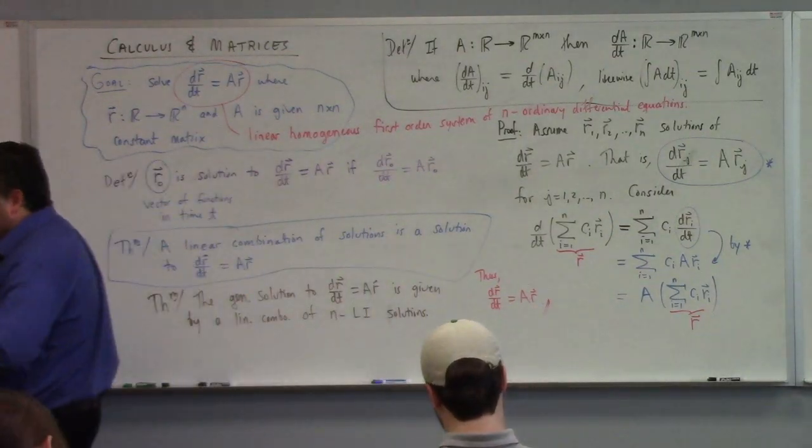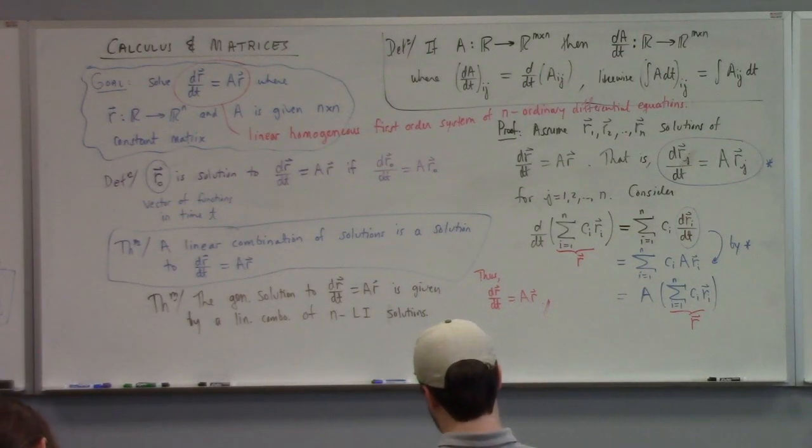Let me say that in a different terminology. If we have an n by n problem and we have n linearly independent solutions, that's said to be a fundamental solution set. Probably should define that.